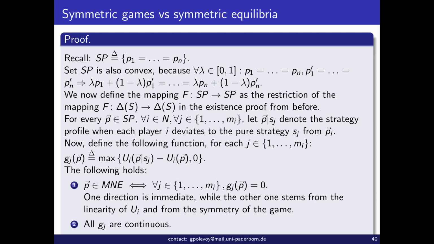So if it's not a positive addition, we just take 0. Now, similar to what we did before, but now it's a bit harder. We say that a profile is a mixed Nash equilibrium if and only if for each J, the GJ in this profile is 0. So the direction that if you have a mixed Nash equilibrium, then the GJ will be 0 is clear, because you cannot improve by the definition of Nash equilibrium.